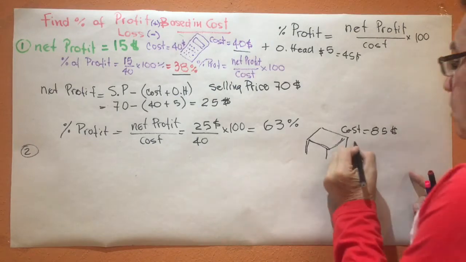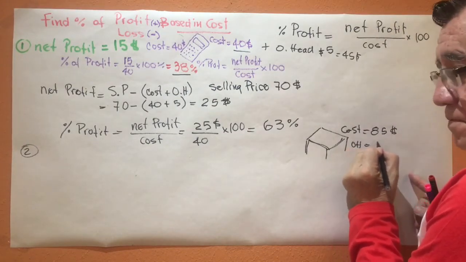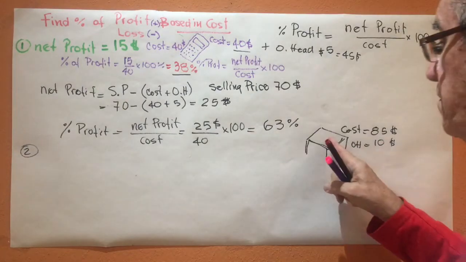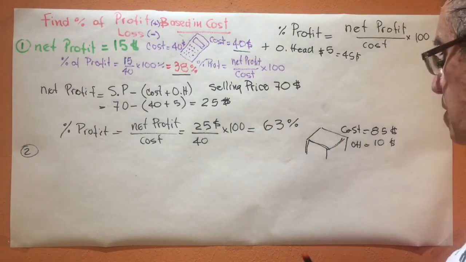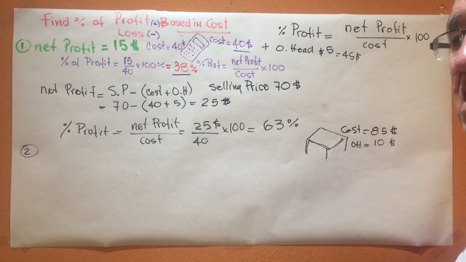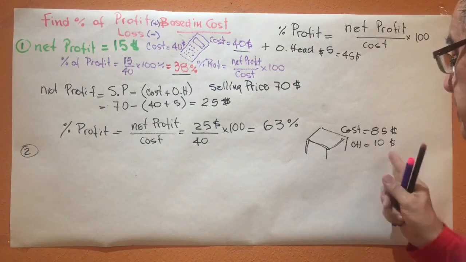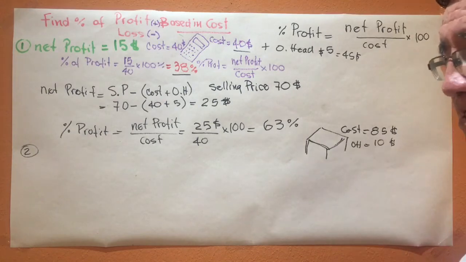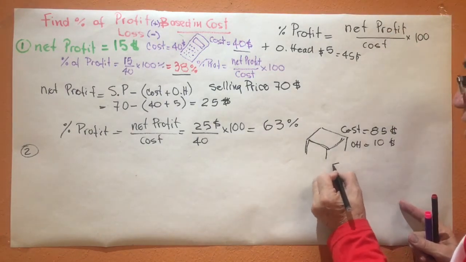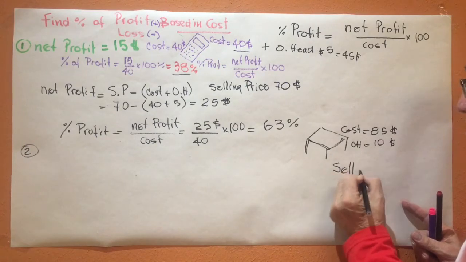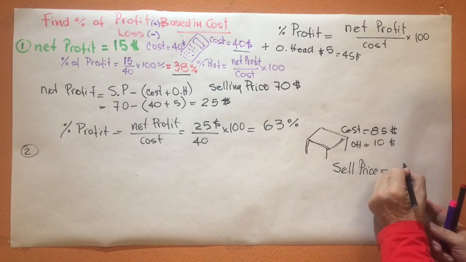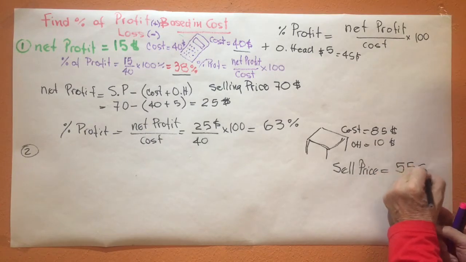And I had an overhead of $10. What was my overhead for? My table was a little bit old and needed some work, painting and brushing and things like that. But unfortunately, I just couldn't sell this table well. It was sold for only $55.